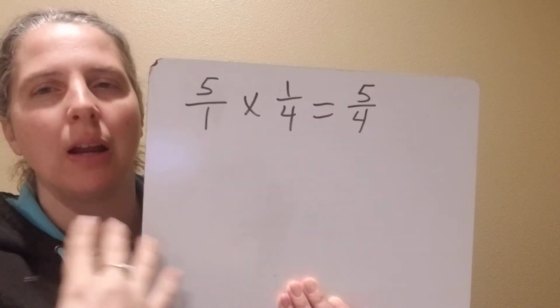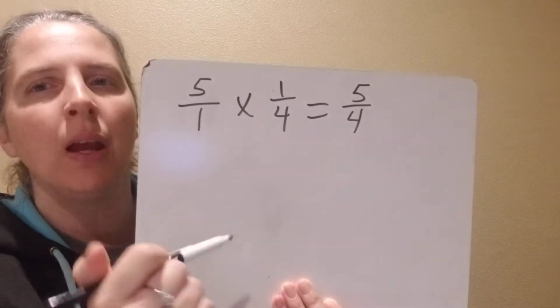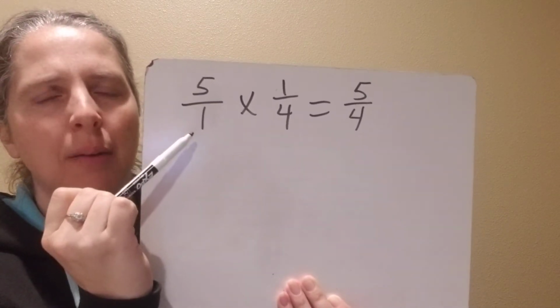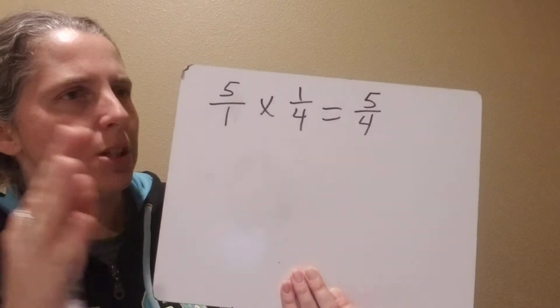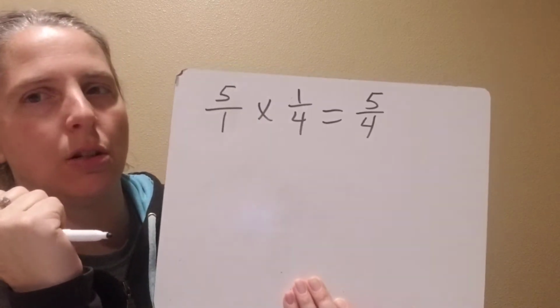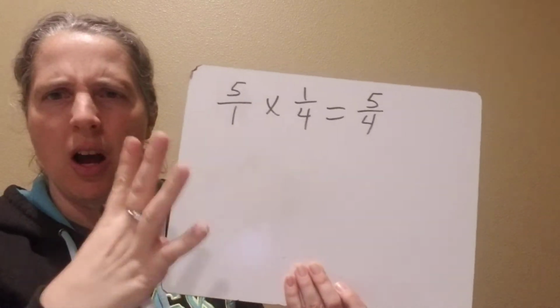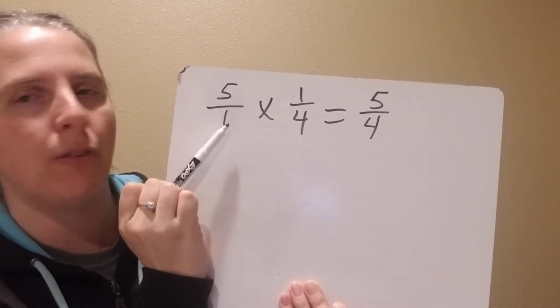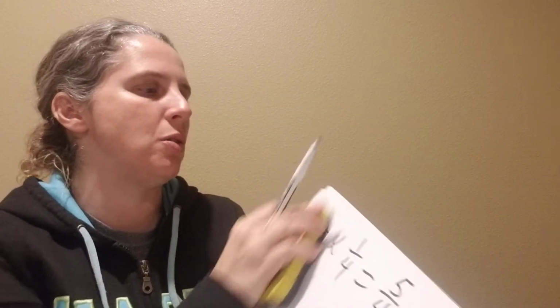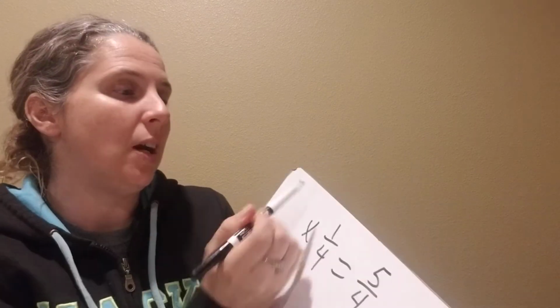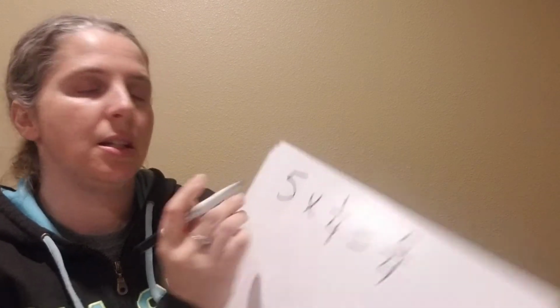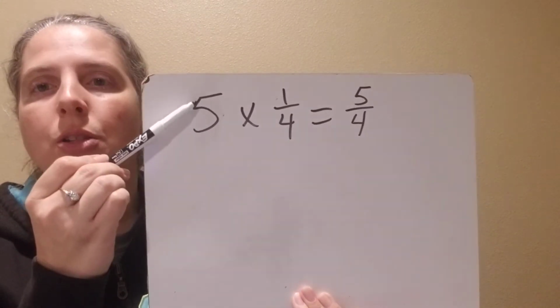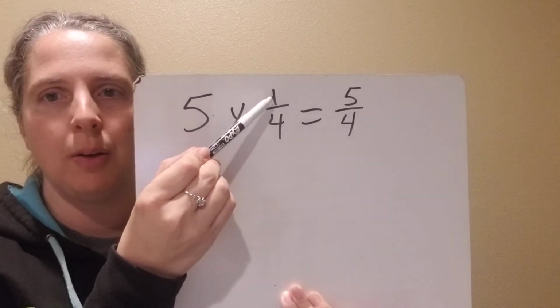You'll learn it in 5th grade, work with it a lot in 6th grade, but I just want you to see it because I don't want it to be just a super foreign idea to you. That means just very odd, very different, that you can turn that whole number into a fraction. But that's what they're doing. The way we're going to see it, all of them, is just a whole number, and you have to know you take the whole number times the numerator. Okay? All right, so let's get started.